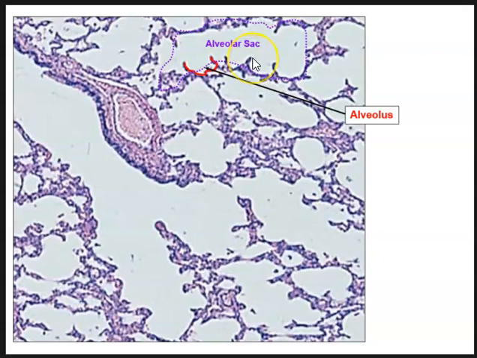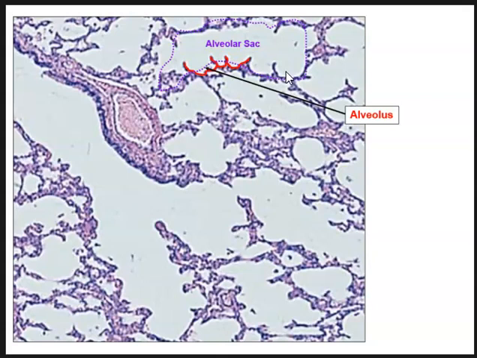The word alveoli is actually plural, alveolus is singular, so this would be an individual alveolus, and multiple alveoli will form alveolar sacs. And the epithelium of the individual alveolus is a simple epithelium.